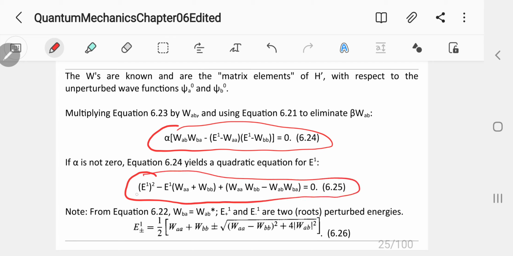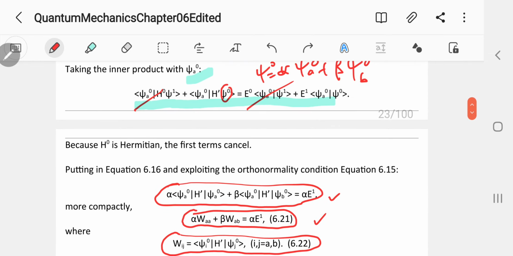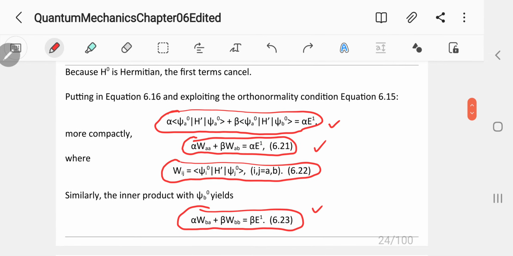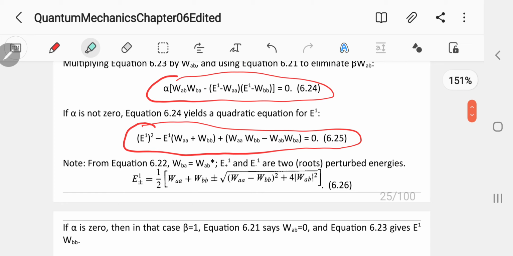Of course, we're going to find E1 in terms of the W's, and the W's here would just be this one. So this is just an inner product, although you have to do the integral later on in the example.